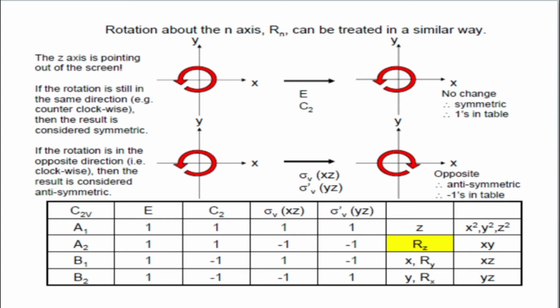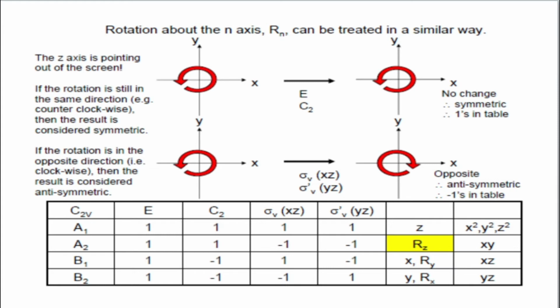But by performing sigma xz and sigma yz reflections, the direction of rotation also reflects and there is a change in direction. The direction becomes exactly opposite. So for sigma xz and sigma yz, this rotatory z function is antisymmetric. Which representation is antisymmetric for sigma xz and sigma yz? It is A2. So the A2 irreducible representation signifies rotatory z axis.